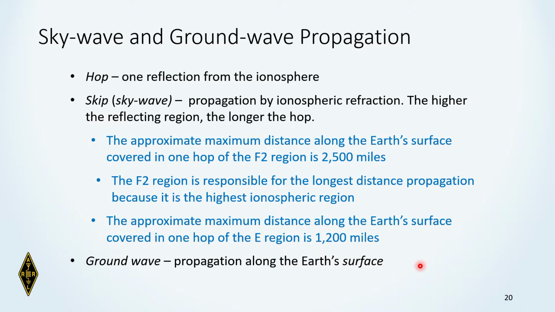And then ground wave, as we saw, is propagation along the Earth's surface. Where ground wave propagation isn't possible beyond that limit, and we're not into the place where the signal is coming back down again, that's the skip zone we talked about.